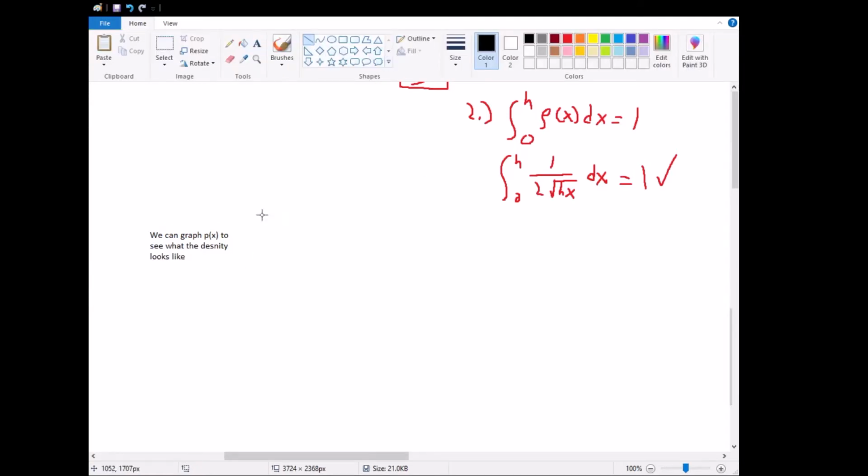We know that rho of x, let's just write it again, is equal to 1 over 2 square root hx, and that this is valid between 0 and h. So if we were to graph this, you could do this in maybe Desmos, for example.